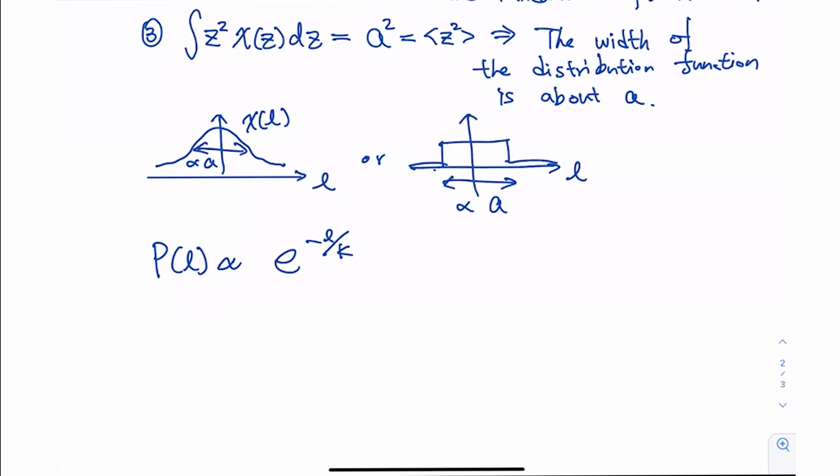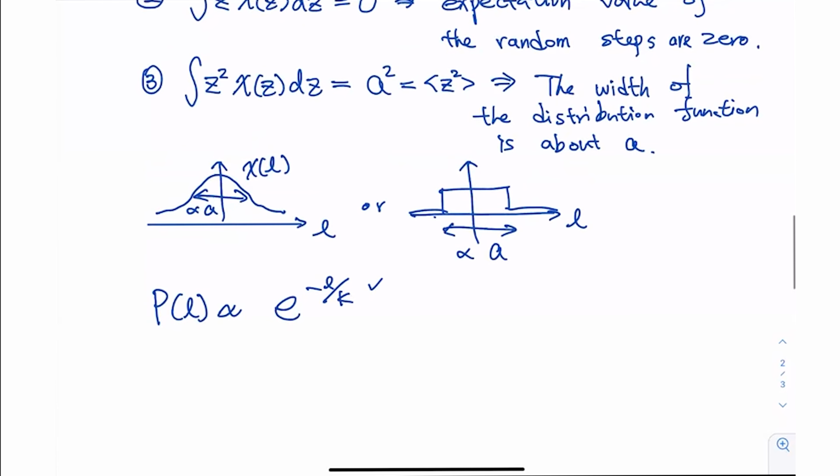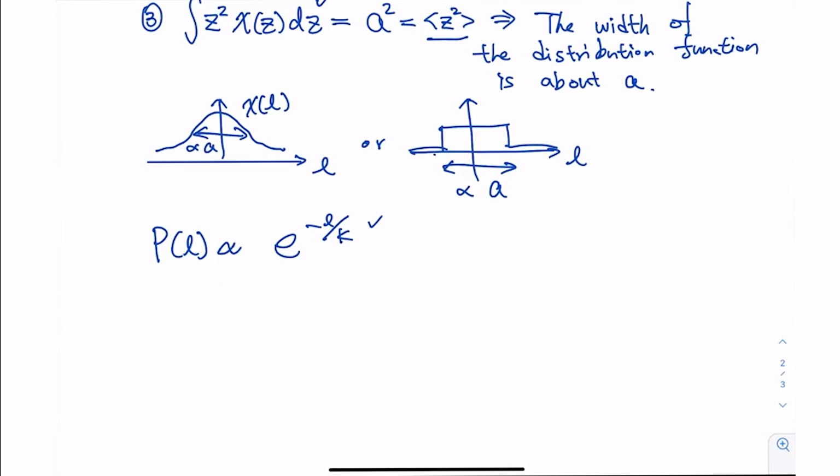So the question is, if you have a distribution function that looks like this, can you define a quantity like this variance, or the average of z squared? In principle, the answer is yes.